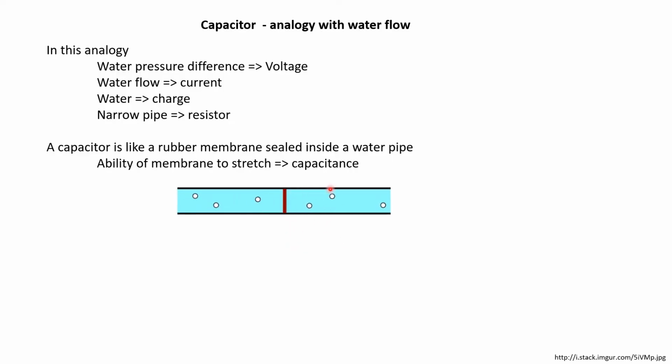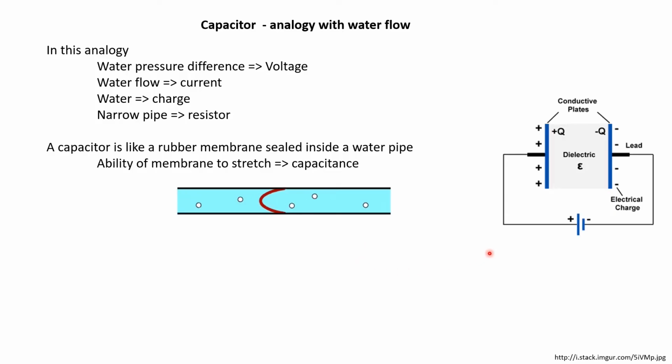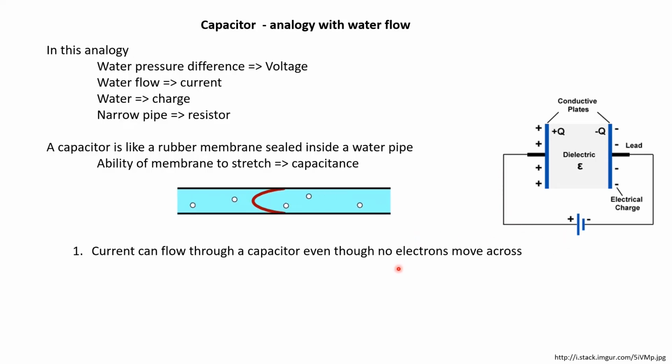Now let us compare this membrane with the electrical capacitance. And we can see that there are several similarities in their behavior. So one obvious thing is that if you apply some pressure difference, current can flow. In the case of the pipe, if you apply a pressure difference, water will flow through this pipe, even though there is no water molecule that is actually crossing this membrane.